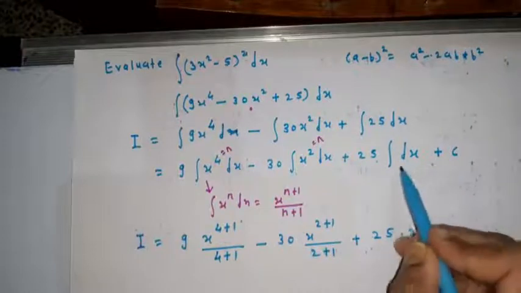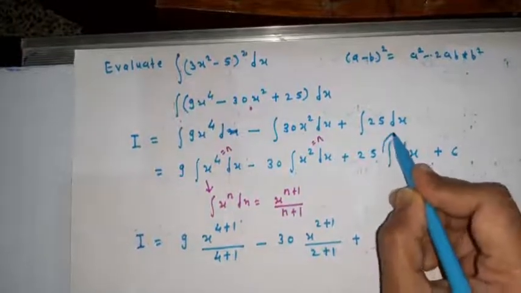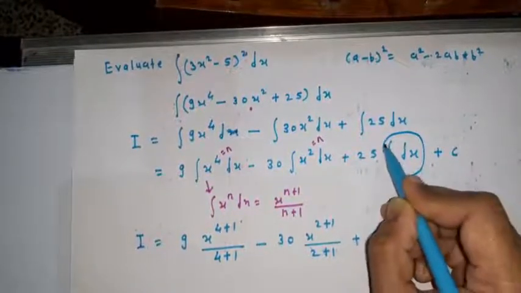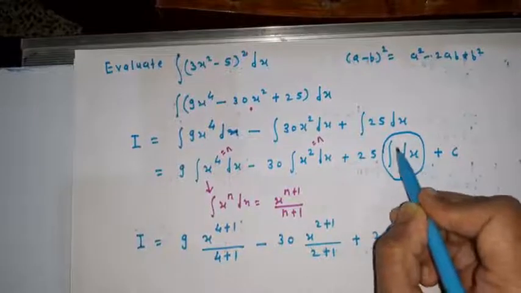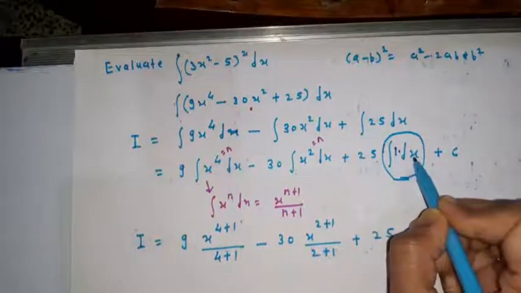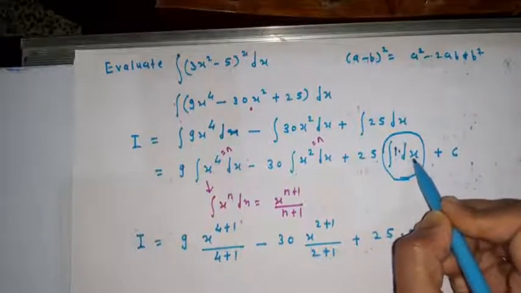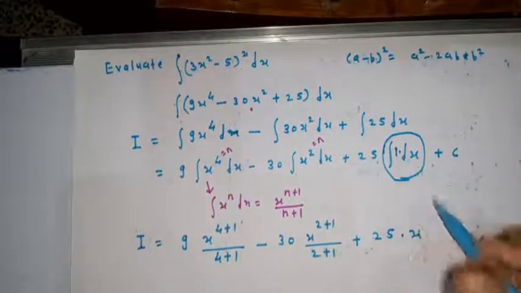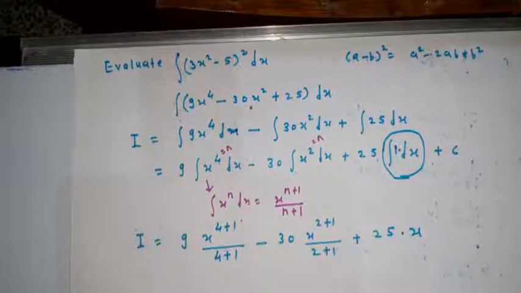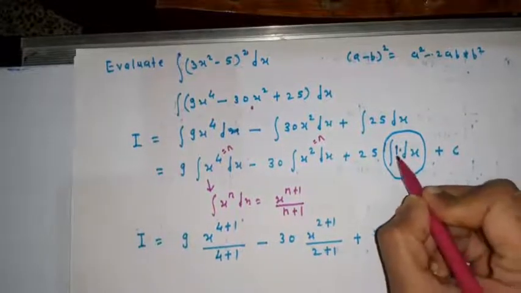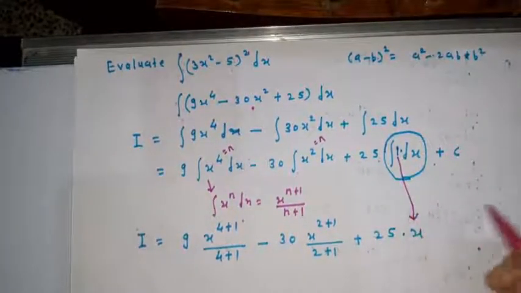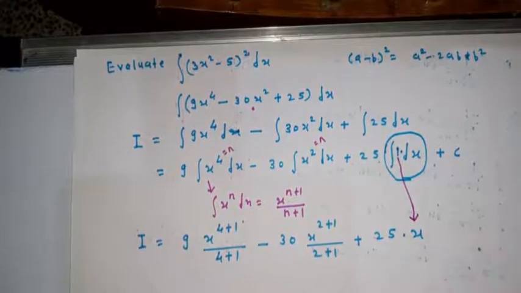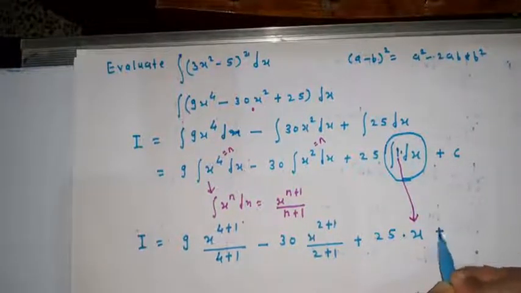Remember this. Here no x term is there, that is 1 into integration of x with respect to x. Integration of a constant number is x. Remember this, while differentiation of a constant number is 0.